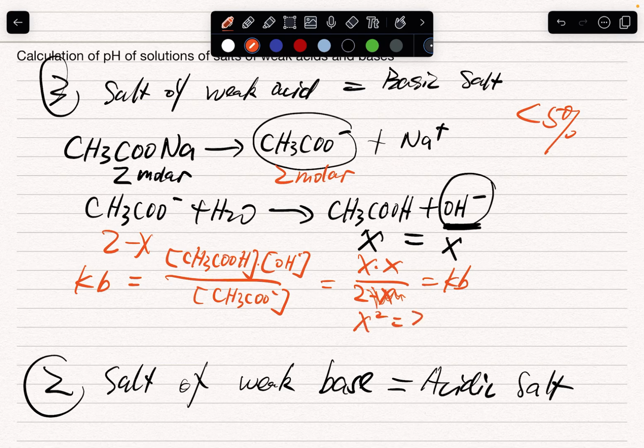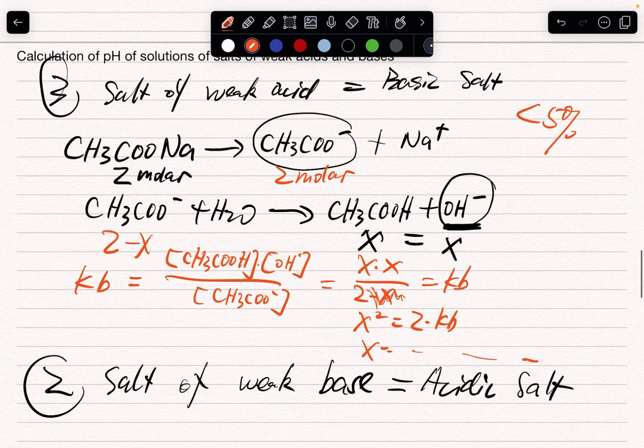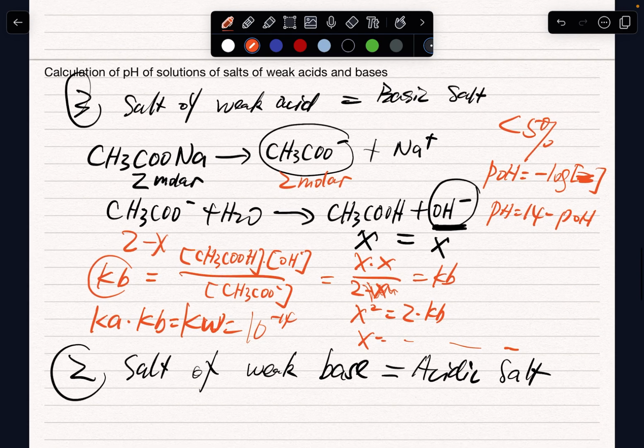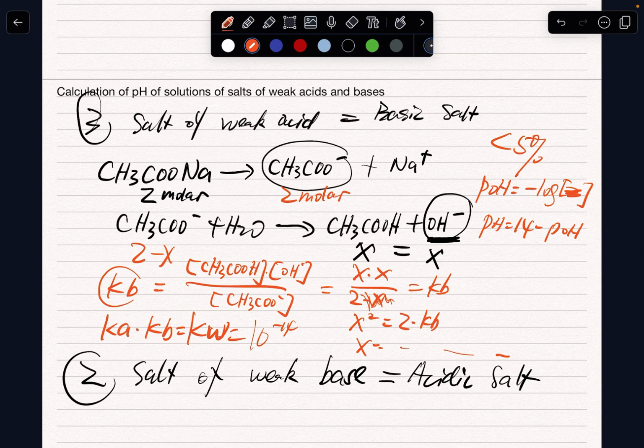So we have X squared equals 2 Kb, and then you calculate X. This X is the OH minus concentration, so pOH equals negative log of X, and that gives you pOH. If you want the pH, it's just 14 minus the pOH, right? And if they don't give you Kb but give you Ka, you can also calculate Kb, because Ka times Kb equals Kw, which is 10 to the negative 14, okay? So that is calculating the pH of a solution of salts of weak acids.